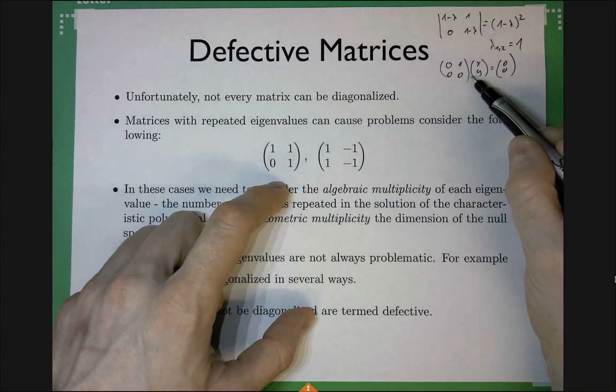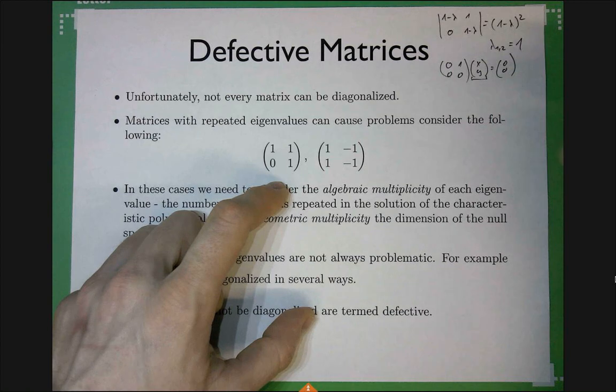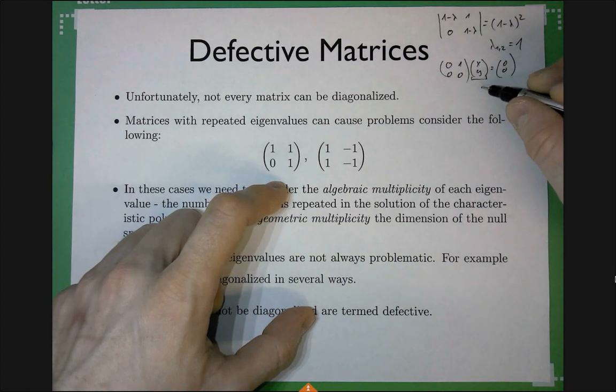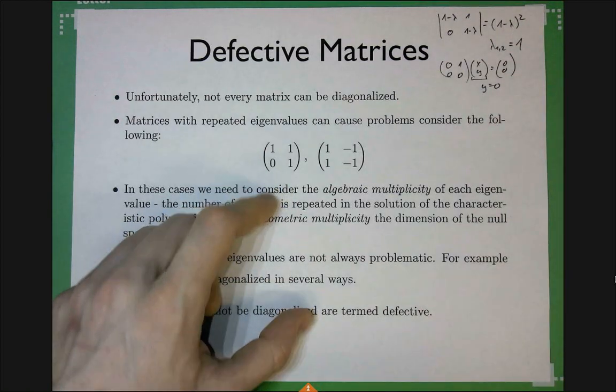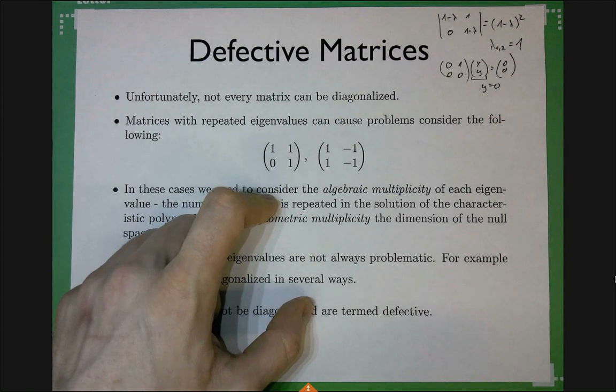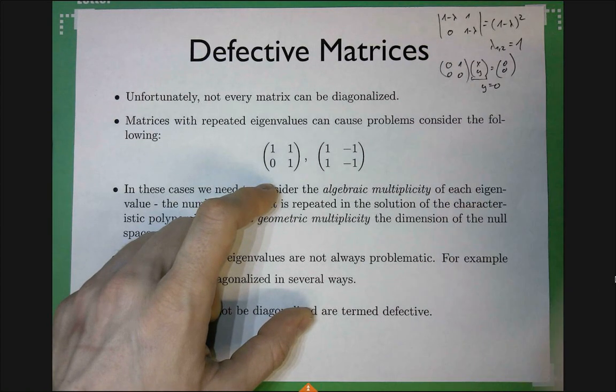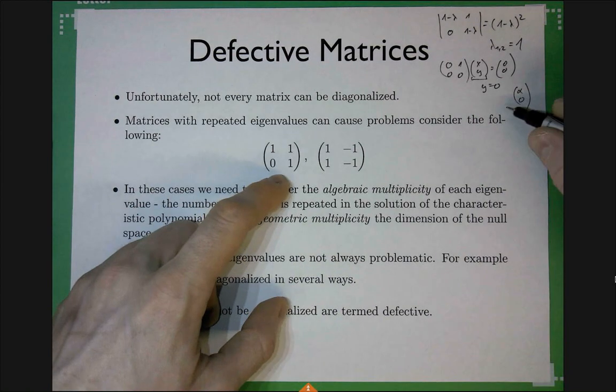So all the eigenvectors have to satisfy this equation, right? Where the second row doesn't matter, and the first one just says that y is 0. And that's the problem. That means that all the eigenvectors here are only in the one-dimensional space alpha times (1, 0), where alpha should be non-zero.